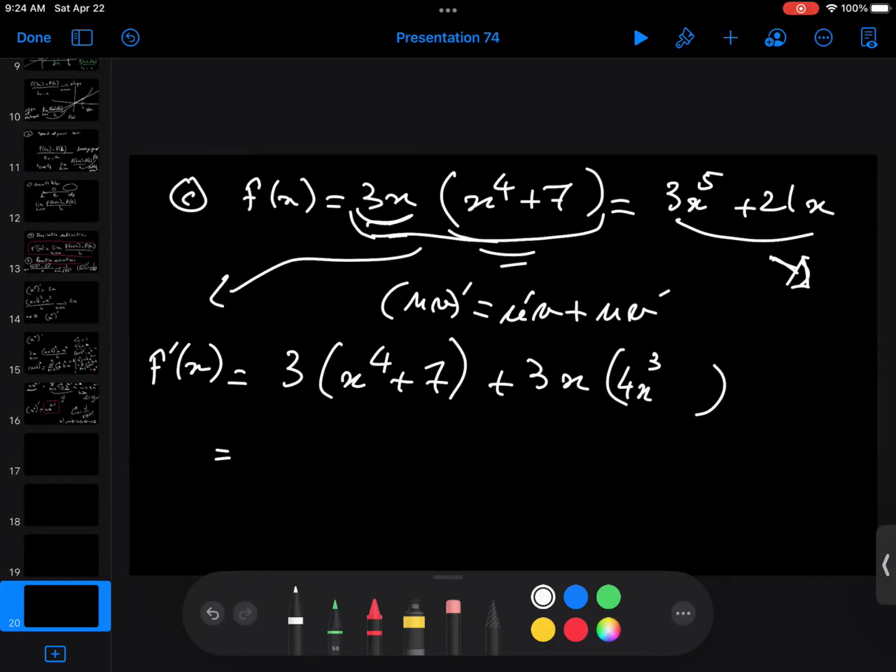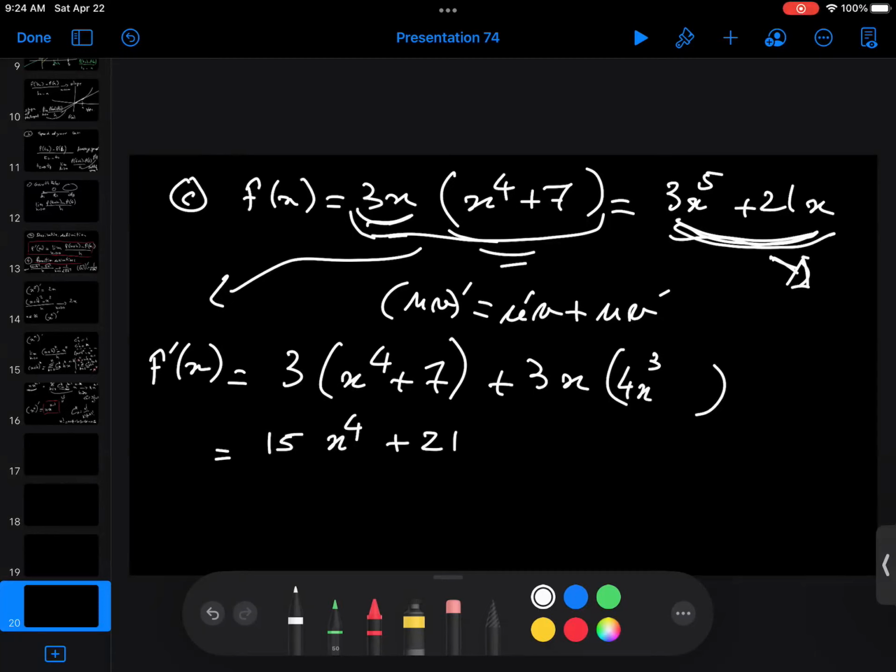So I will get, let's do first the x to the fourth. It's 3x^4 plus 12x^4. So 12 plus 3 is 15. So 15x^4 plus 21. All right, so in fact, I could use also this formula: the derivative of the sum is the sum of derivatives.